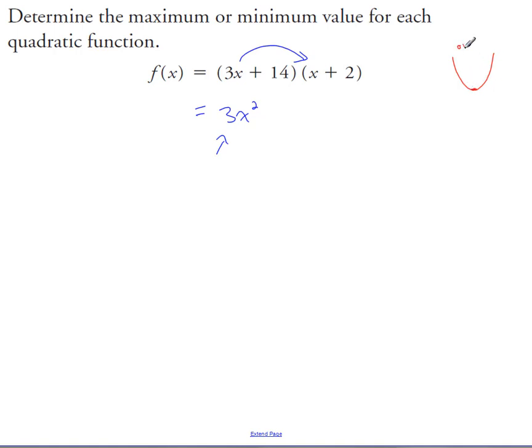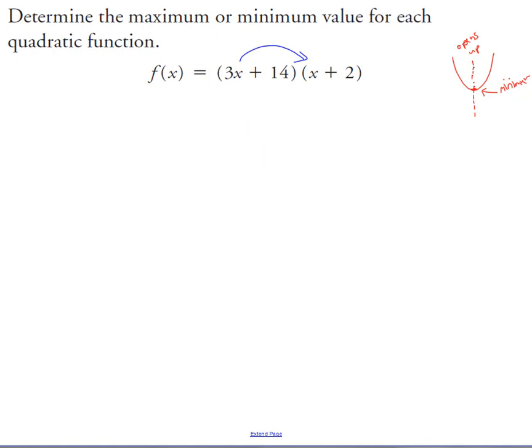We're going to say it opens up. Here's my axis of symmetry, and my minimum is going to be right there. Okay, so I know now that it opens up. Good.